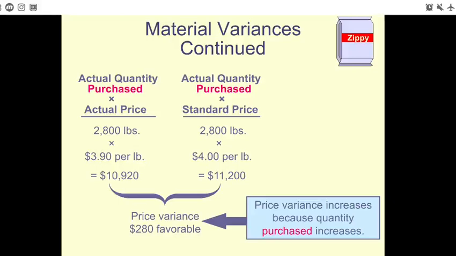In this example, the purchase quantity is 2,800 pounds times the difference between the actual price and the standard price. So the answer for this is price variance equal to $280 favorable.